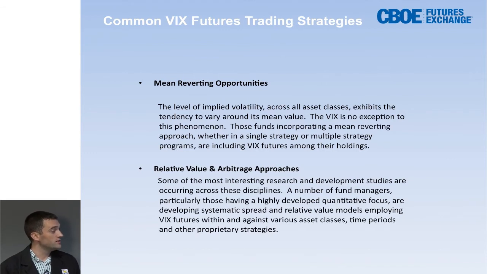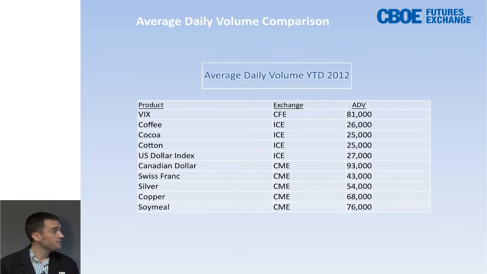So traders might see an opportunity where S&P options are bid high and the front month future in VIX is offered down, and put on a spread of those two. So we definitely see a number of our customer base trading VIX futures against products in other classes.